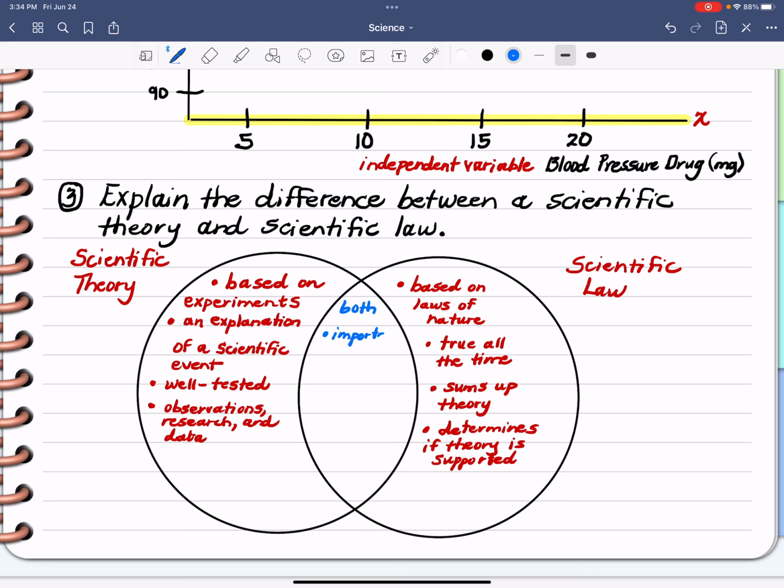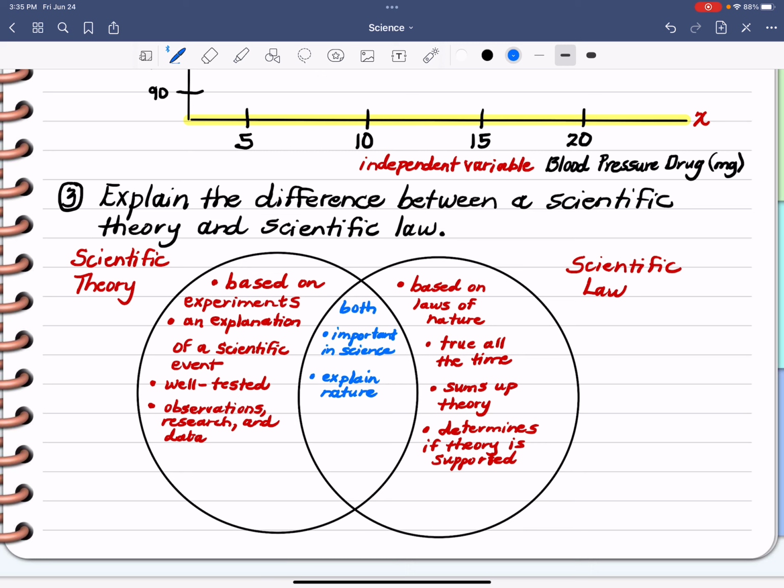You need them both. Both of them can be used to explain nature. It's just that the scientific law cannot be challenged. It is true all the time. Theories can be tested and may be shown to be not true.